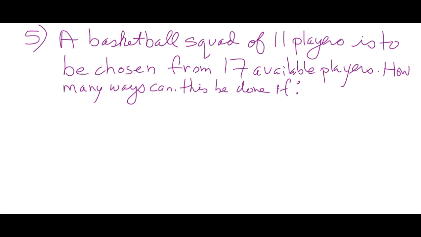In this case, it would be a basketball squad of 11 players to be chosen from 17 available players. That would be in the box, and above it would say use the information to answer the next 2 questions. The first question would be, how many ways can this be done if Jeff and Brent must be on the team?